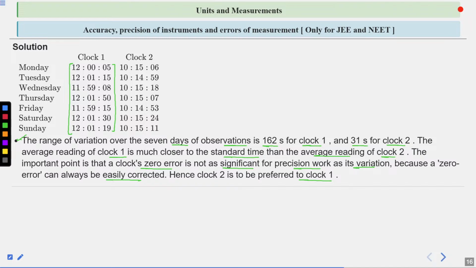This is the given data. Now solve the mean value. The concept is, add all the given data, first, second, third, fourth, fifth, sixth, seventh, and divide by 7. You will get the mean value.